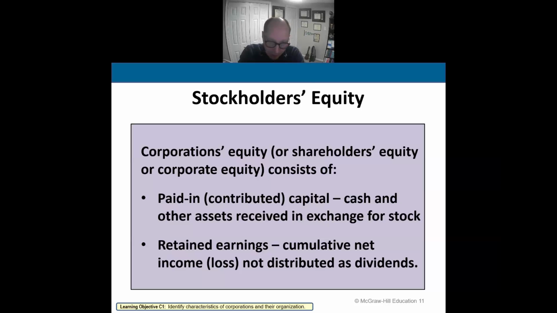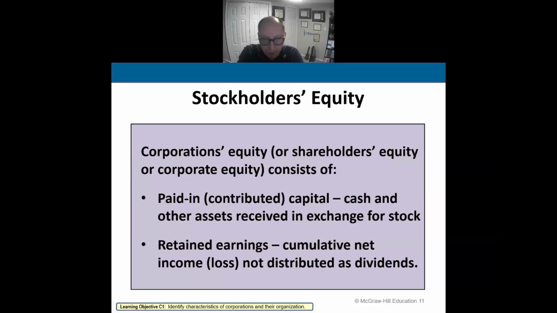Another form of equity that shareholders get is called retained earnings. Retained earnings is also the fourth financial statement. Now remember, in accounting we have four primary financial statements. We have the income statement, the balance sheet, the statement of cash flows, and the fourth one is called the statement of retained earnings.